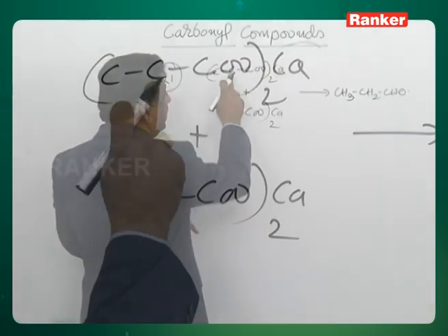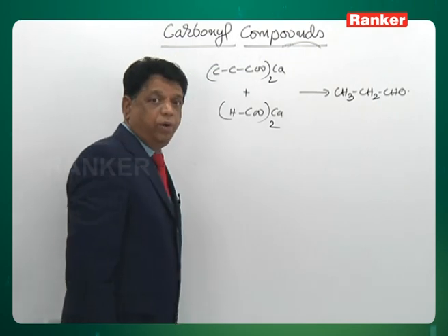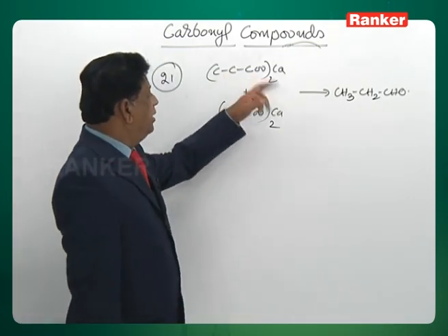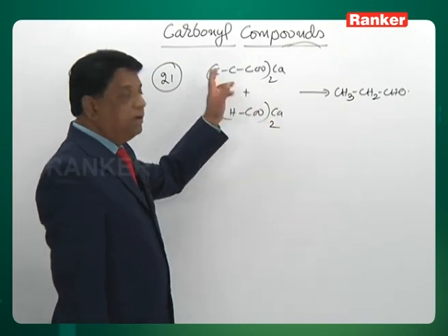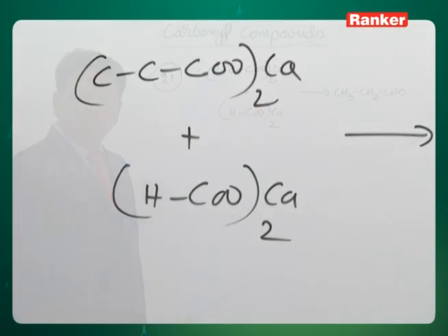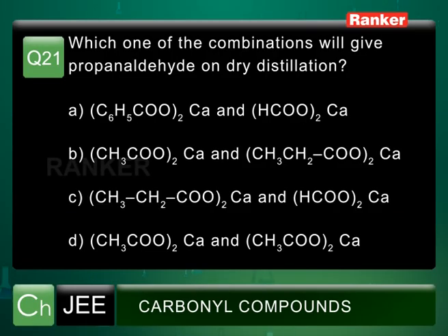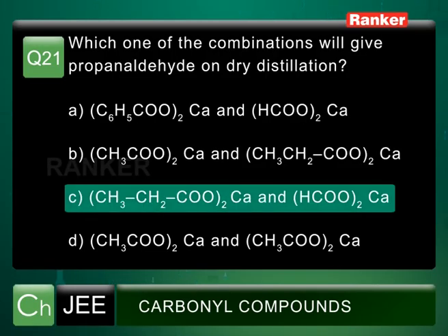If it is not there, you could get 3-pentanone, a double reaction taking place. One calcium carbonate will go, but it will be doubled, so that a one carbon less ketone is formed. Therefore, this is the right combination. So option C is the right answer.